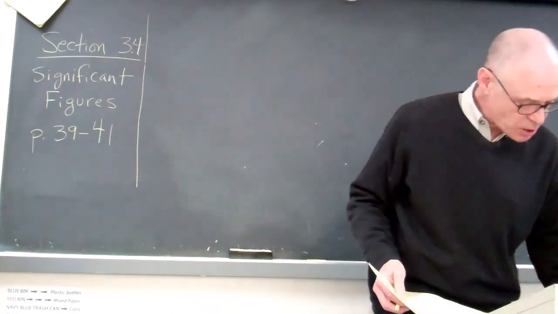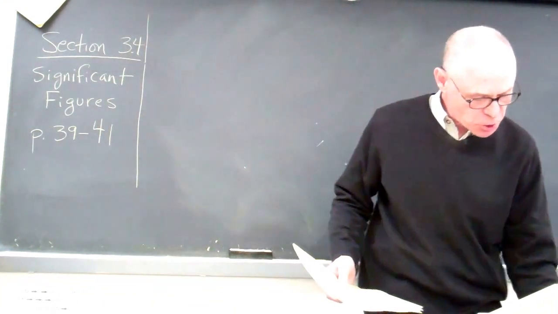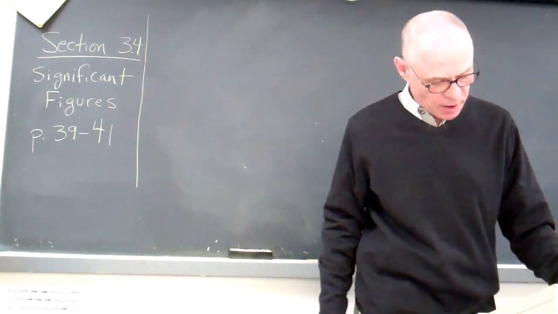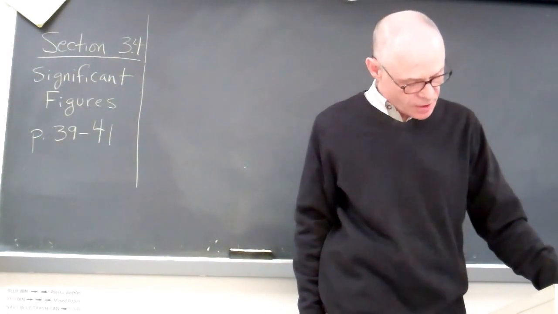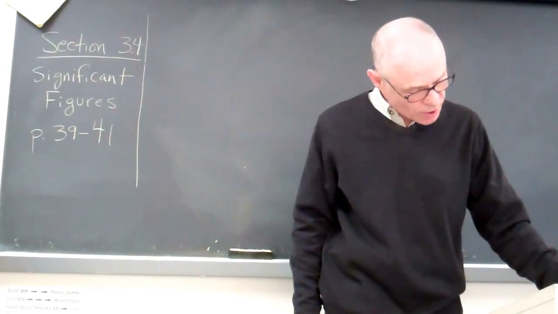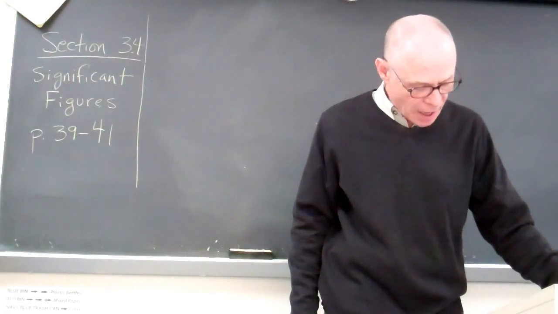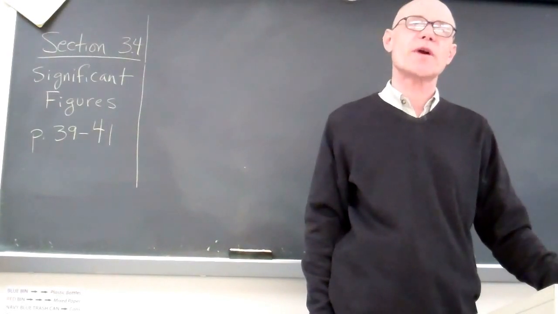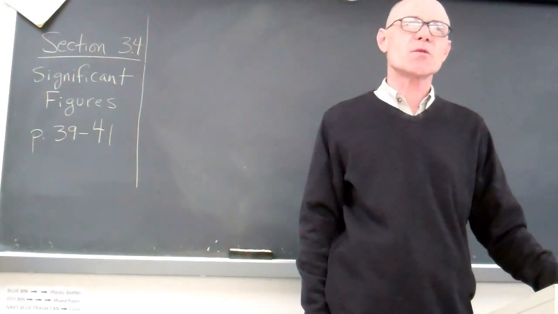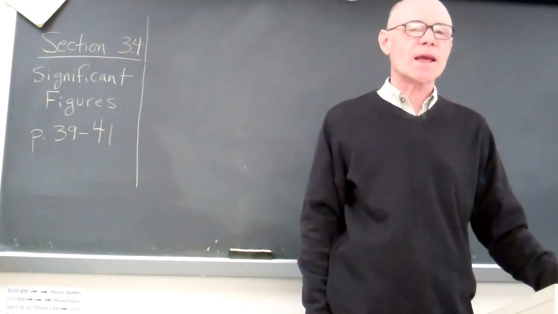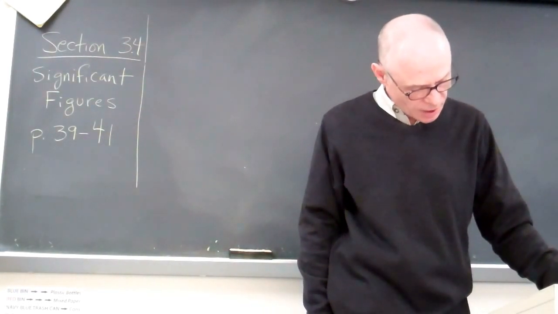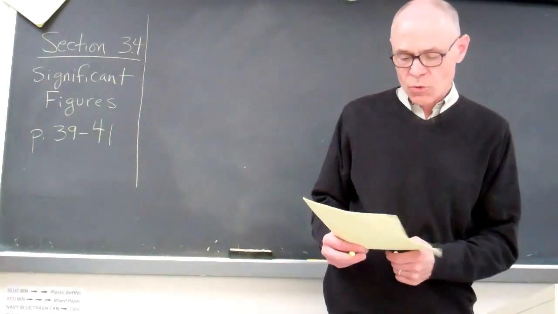So you'll notice on page 40 that there are two rules listed. In the middle of page 40, there's a rule number 1, which is what we'll use. And at the bottom of page 40, there's a rule number 2, which we will not use. Rule number 2 is rather obscure, and it's also confusing. It ends up confusing more than it helps, and you would rarely ever use it anyway. So we're only going to use rule number 1.